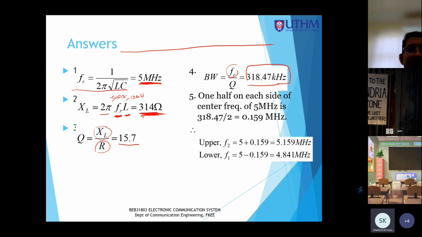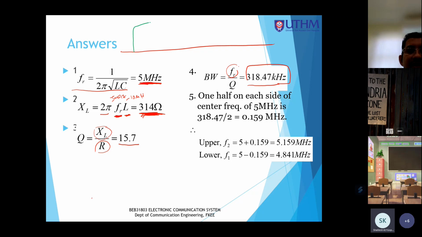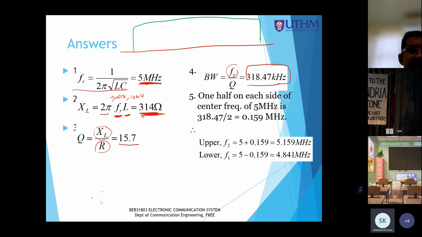Okay, so kalau saya lukis semula yang tadi, antena receive a big bandwidth. Antena terima big bandwidth. Kemudian sampai kepada tuned circuit, dia cuma select sebahagian sahaja.